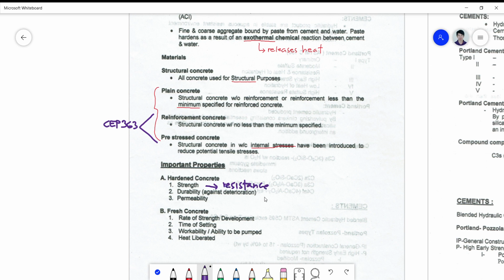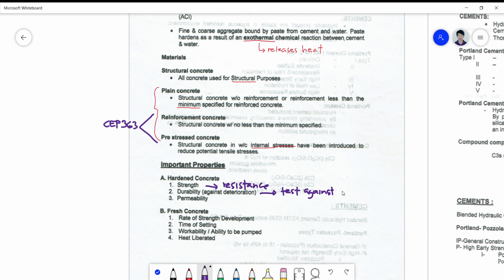For durability, we are talking more on the test against degradation, and this involves the aspect of time. Test against deterioration or degradation.